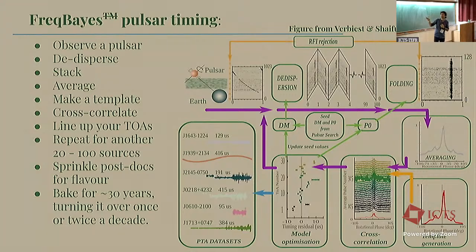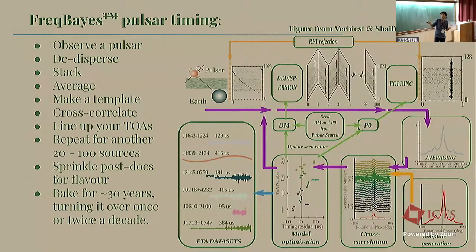This is what we can use to construct the stable template, or the expected profile on every rotation, which is this one. The average profile on every rotation is just this thing. Between this template and the average profile, you can do cross correlation in the Fourier domain. There's a secret here, which I'll probably refer to in the next slide: you need a time associated with every rotational phase bin, which will happen for the template as well.